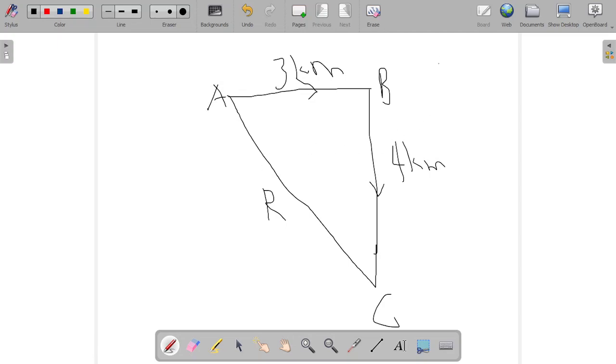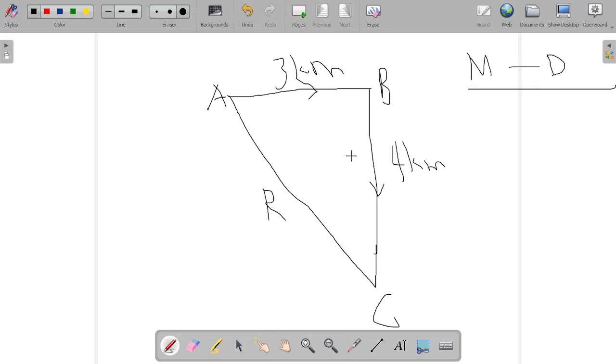Now when we are asked to calculate the resultant of a quantity, whether we have to calculate the displacement or any other vector quantity, we ensure we get the magnitude as well as the direction. So how do we obtain the magnitude from here?